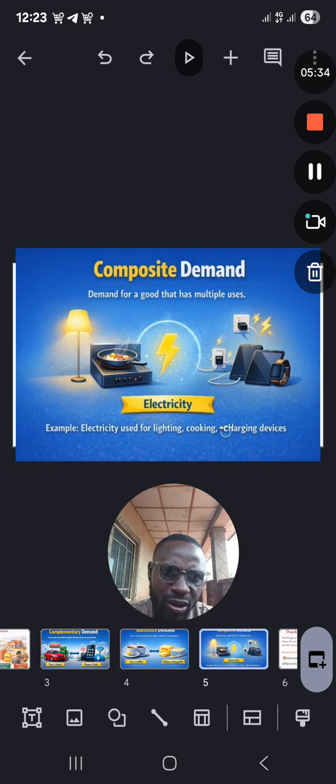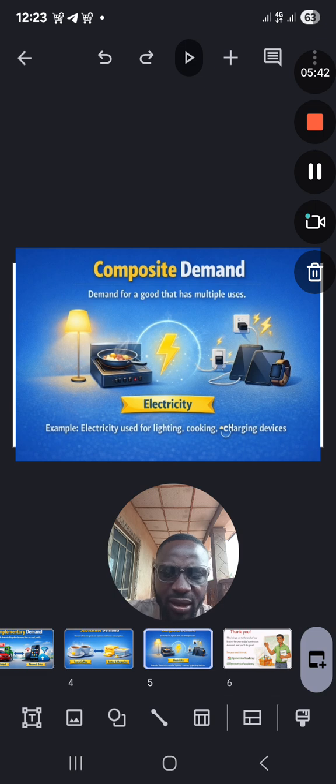So when a particular commodity is wanted to satisfy multiple wants, or is wanted for many uses, it is called composite demand, right? So these are the 4 types of demand that we have. Remember, derived demand, complementary demand, substitute demand, and composite demand.